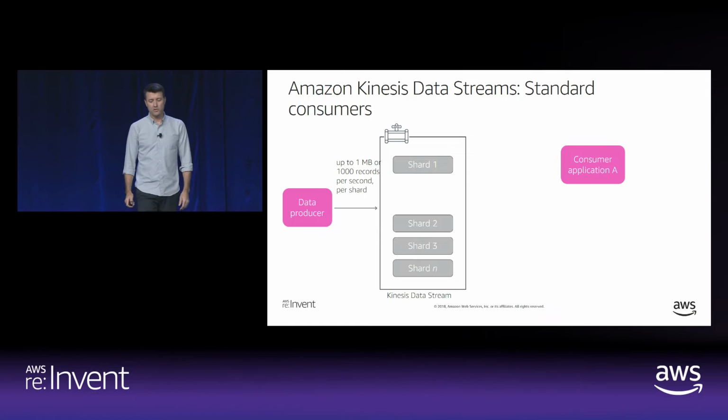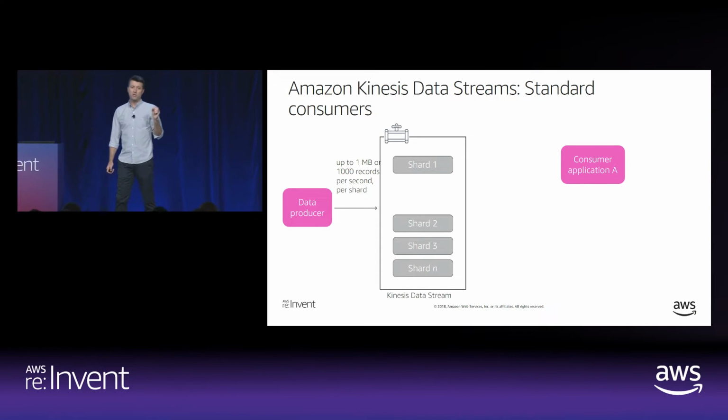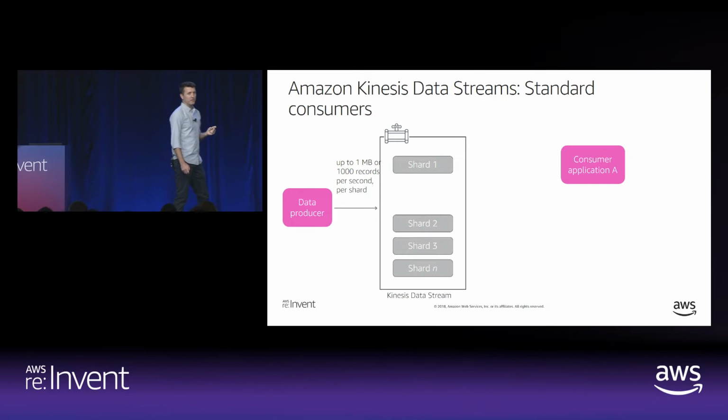So what is a standard consumer? Actually, before I jump into that, take a look at the white rectangle in the middle. That is the representation of a stream that is made up of shards. If you're not familiar with shards, a shard is essentially a unit of scale in a stream. It can accept 1 meg per second or 1,000 records per second.